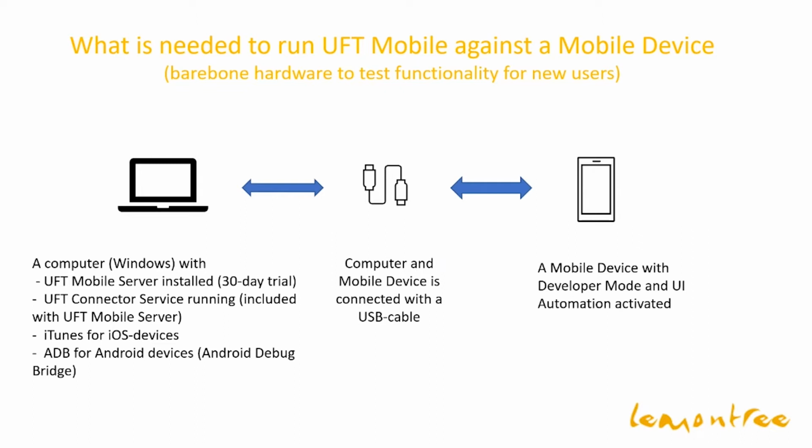You need iTunes set up if you want to connect to iOS devices. You need Android debug bridge if you want to connect to Android devices. Android debug bridge is included in all Windows installations. You will need a USB cable to connect the mobile device and the laptop, and you will need a mobile device that has developer mode and UI automation activated. More on that later.